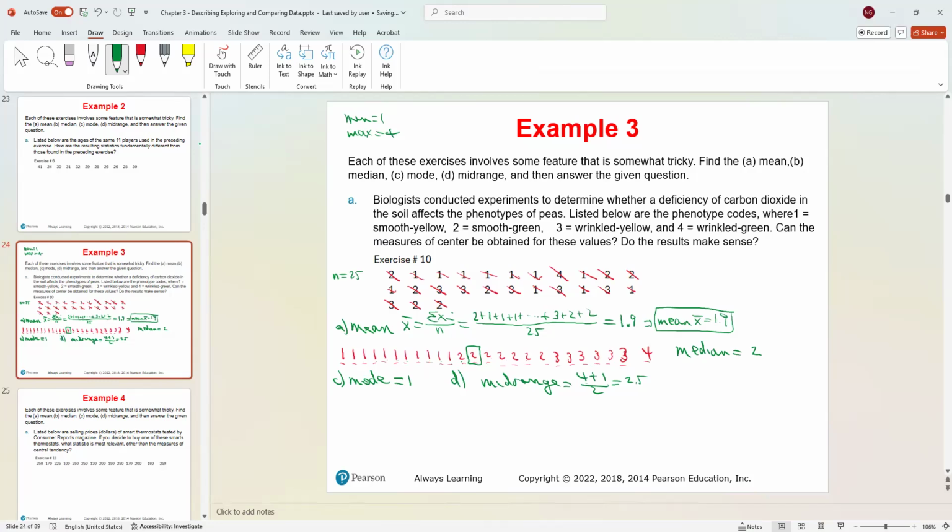The mode of 1 correctly indicates that the smooth yellow peas occur more than any other phenotype. But the other measures of center don't make sense with these data at the nominal level of measurement, right? It doesn't make sense for the other ones, but the mode tells us which one is repeated the most, okay?